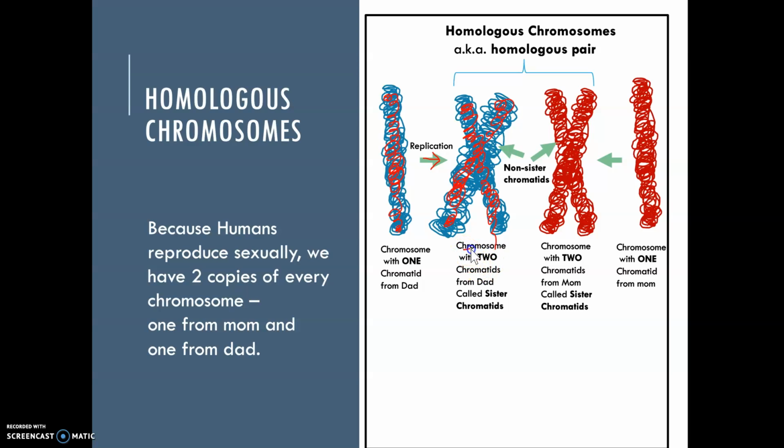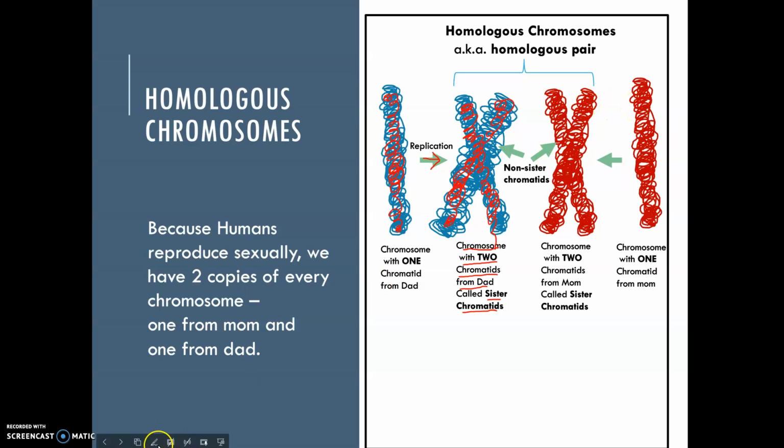So right here, chromosome with 2 chromatids from dad. And so these are what we would call the sister chromatids that are connected. So the whole thing is a chromosome made of 2 sister chromatids. Now we'll do the same thing with the one from mom.